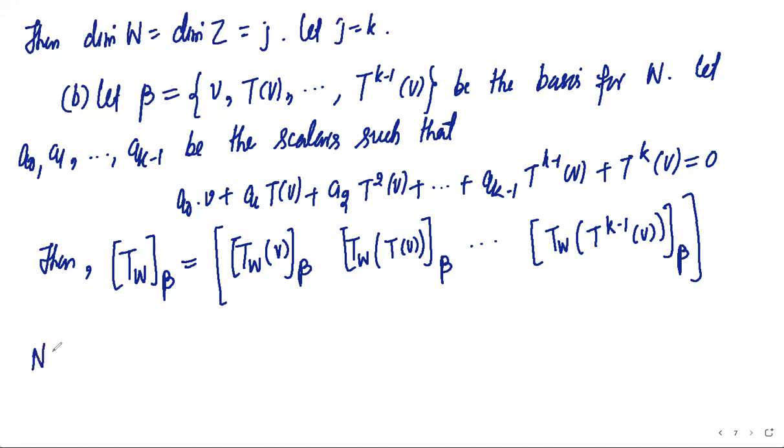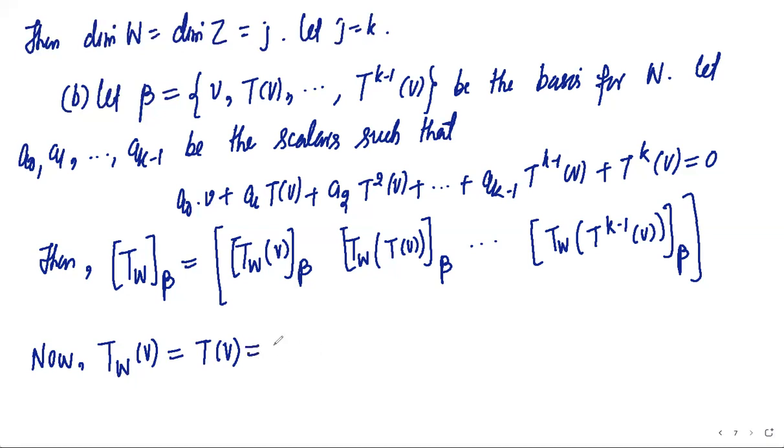So now this TW of v. Since this TW is a restriction of the linear transformation T from V to W, TW of v can also be written as T of v. So T of v is the same as TW of v. This is by the definition, because TW is just the restriction of this linear transformation T from its domain V to the domain W, which is its subspace.